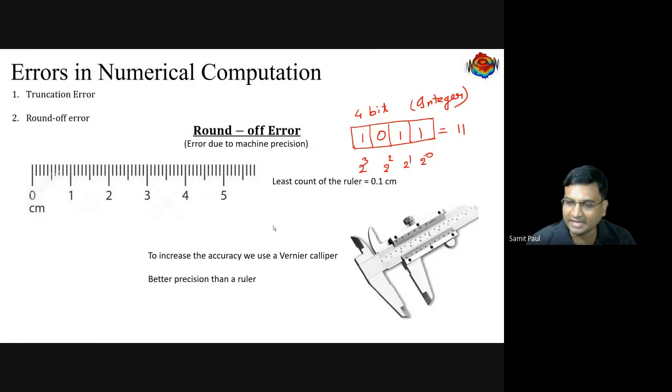Similarly, whenever we do some rounding off, there involves an error. Whenever there is a precision limit, there involves an error, and that error is what is called round off error. So the difference between truncation error and round off error is hopefully clear.